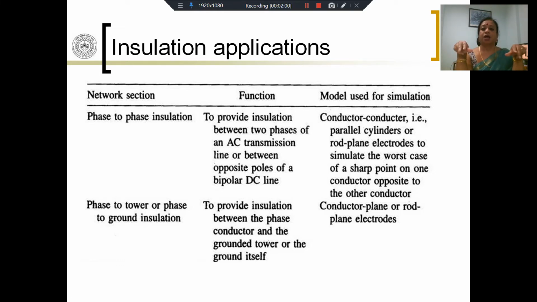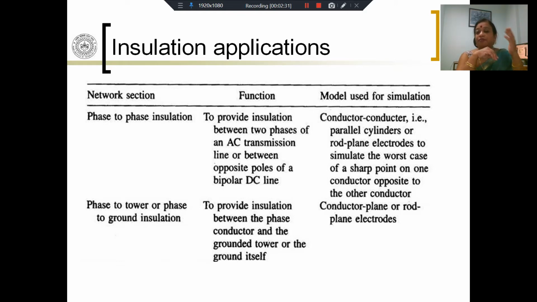So we might have two parallel cylinders in reality with scaled down magnitudes, or in the simulation, for example, if you're using finite element software, you would simulate the phase-to-phase insulation with parallel cylinders or rod plane electrodes. Rod plane electrodes, where one is more planar, the other is not that planar, depends upon the dimensions. In the worst case, you might use a needle plane electrode.